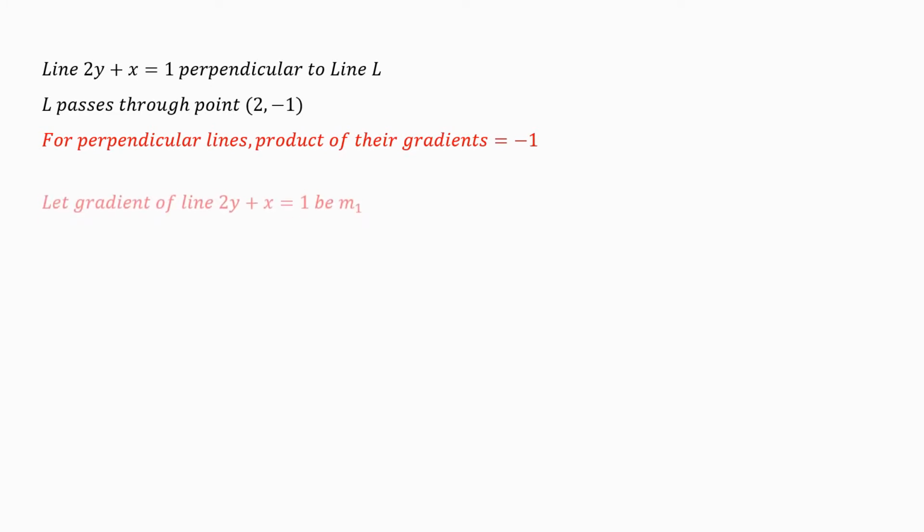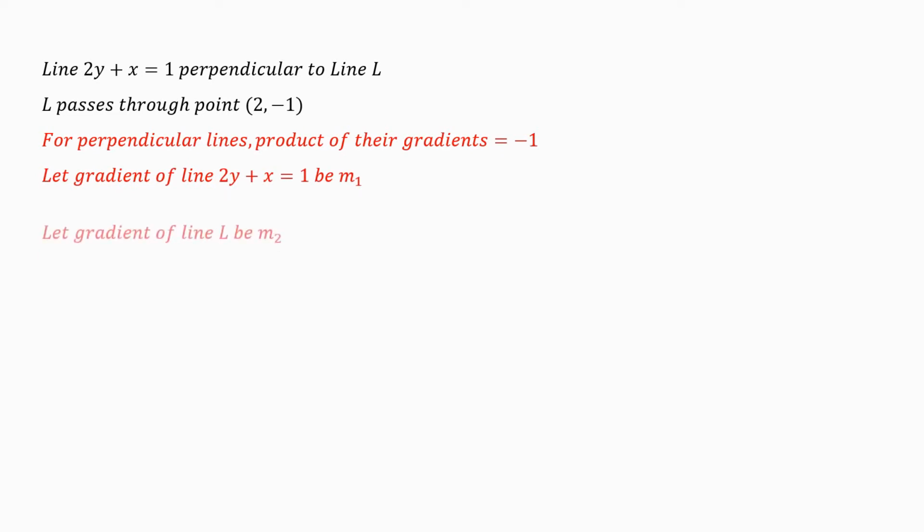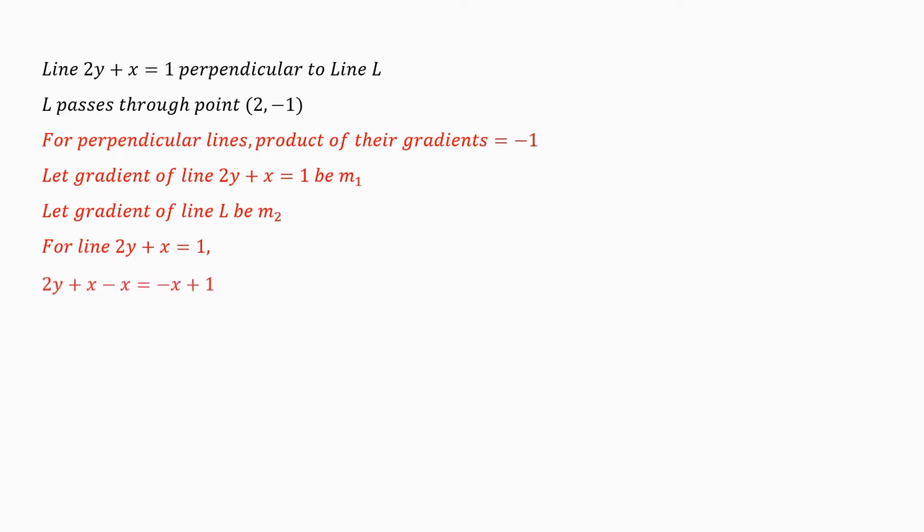Then we shall let the gradient of line 2y plus x is equals to 1 be m1, and for line L be m2. Then for line 2y plus x is equals to 1, we need to find its gradient by rearranging it to the form y is equals to mx plus c.